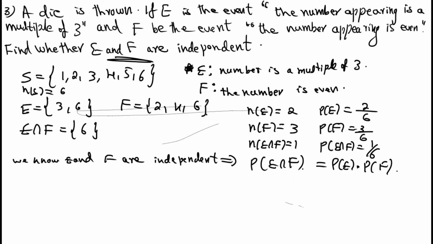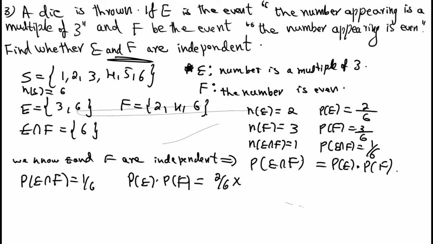We studied if E and F are independent events, then probability of E intersection F is equal to probability of E into probability of F. In the next case we have probability of E intersection F is equal to 1 by 6. Probability of E into probability of F you need to calculate. What is probability of E? 2 by 6 into probability of F is equal to 3 by 6. Okay, it's equal to 6 divided by 36, its value equal to 1 by 6 only.